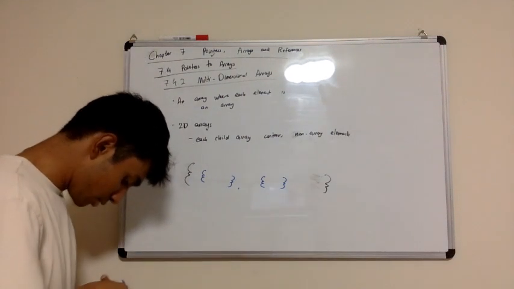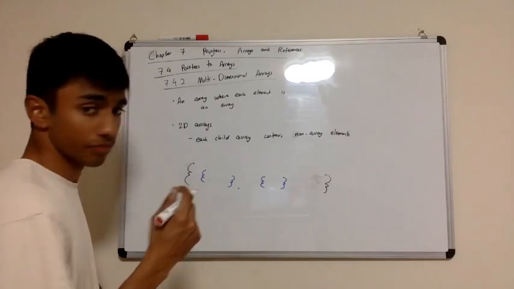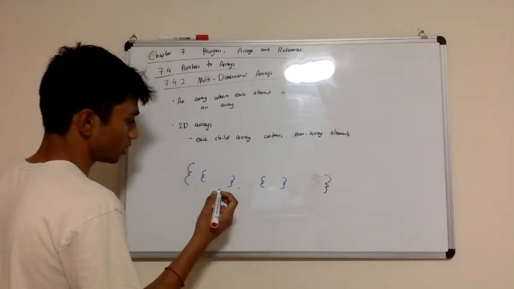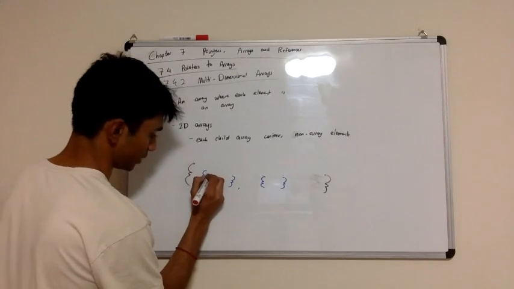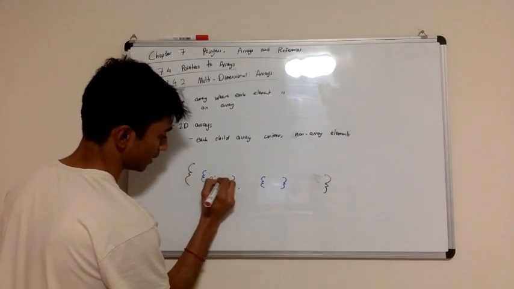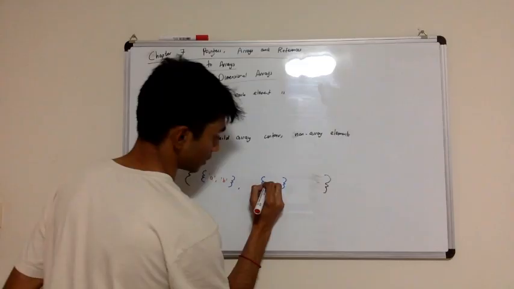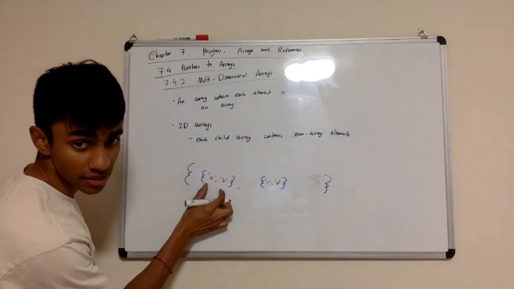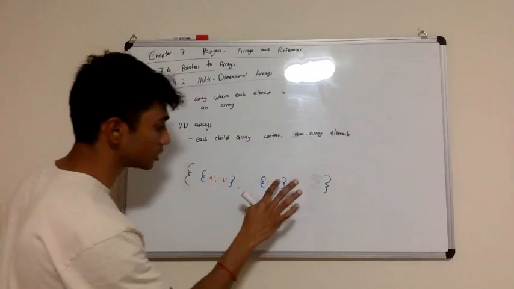And within each child array, there will be some non-array type. So we'll say characters this time. If you're using integers as well, let's say characters. So like A and B, and this one might be like C and D. So each individual child array contains characters, right? C and D. I should draw this a bit bigger.